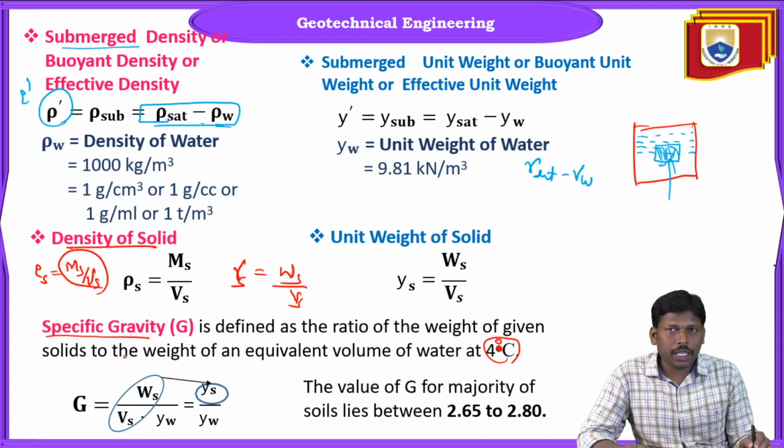The specific gravity is indicated with the symbol G, and it is defined as the ratio of the weight of the given solids to the weight of an equivalent volume of water, particularly at 4 degrees Celsius.